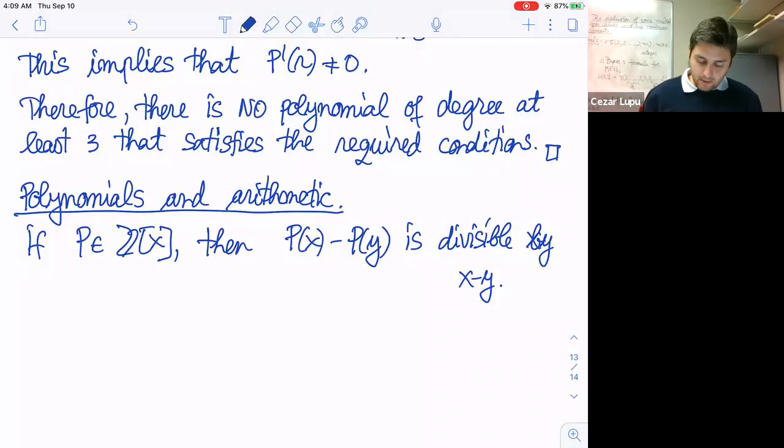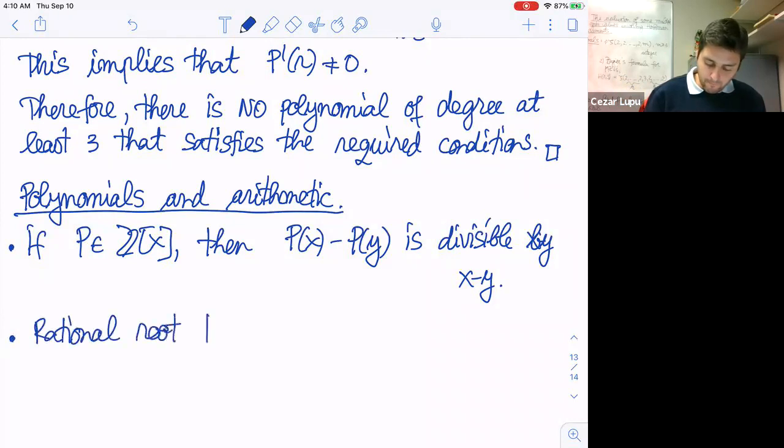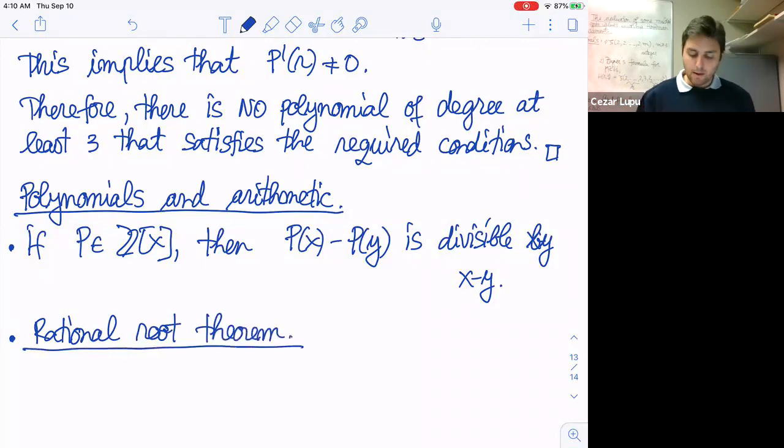And also, another result that I want to mention is the rational root theorem, which says the following.